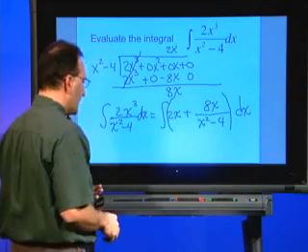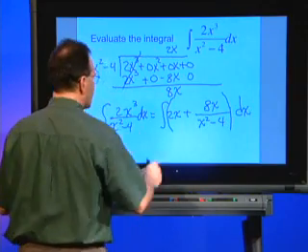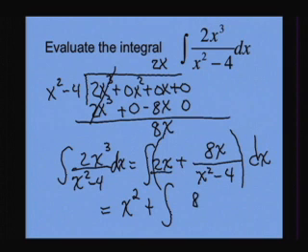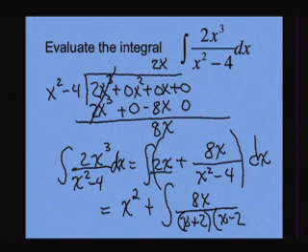So our next step is to say that that's equal to, well, we can integrate 2x, that's just x squared. But in order to integrate the 8x over x squared minus 4, we need to do a partial fraction decomposition where we know that the denominator, x squared minus 4, can be written as the distinct linear factors x plus 2 times x minus 2.